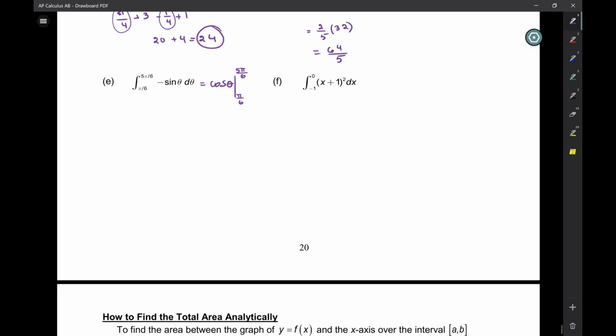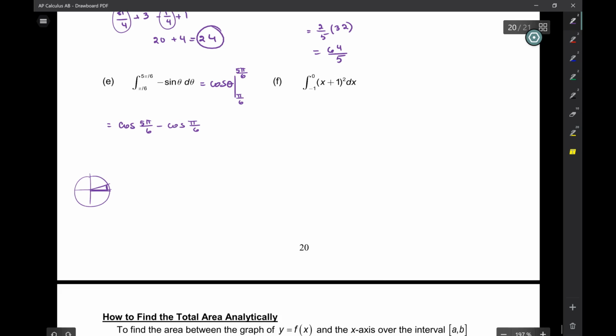First step is negative sign. The antiderivative is cosine. And we're going to go from pi over 6 to 5 pi over 6. So cosine 5 pi over 6 minus cosine of 1 pi over 6. Okay, the pi over 6 is here, right? Looks like this. That's the small angle. Cosine is this side, so that's root 3 over 2.